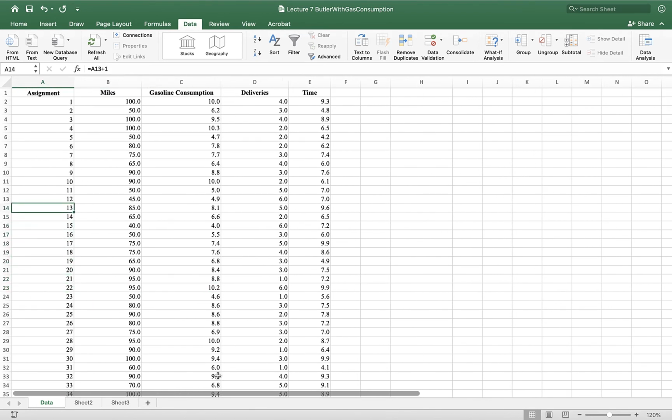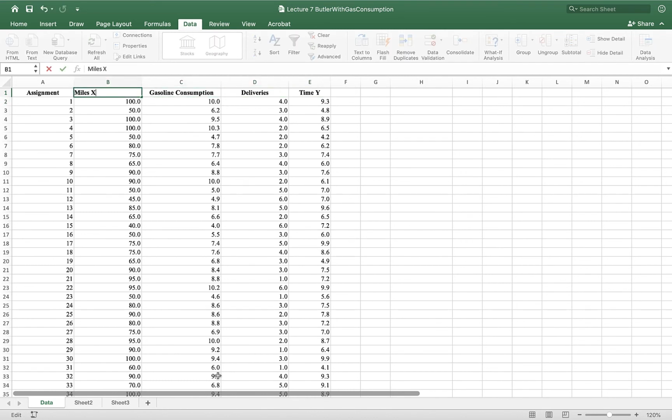For each of those assignments, we're told the miles traveled, the gasoline consumption, the deliveries, and the time. Up until now, we didn't have gasoline consumption. So again, for this particular question, time is going to be the dependent variable. I'm going to call it y, and we have three independent variables now.